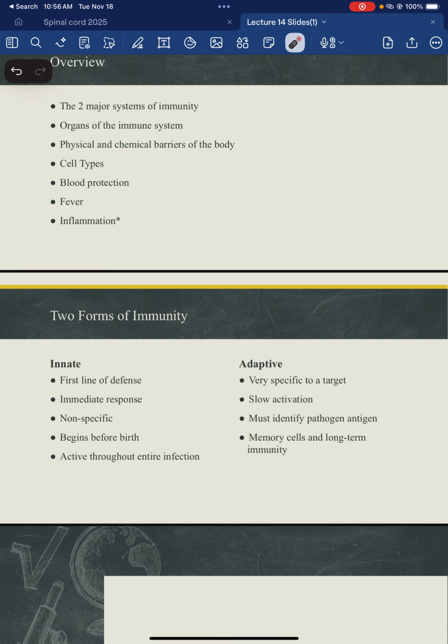we get in. So first, we're going to talk about the innate versus the adaptive immune system, and the basic differences between those. This is a really good point where you should get a blank piece of paper and make a T-chart, because you will have to know the different components of the innate versus the adaptive system.